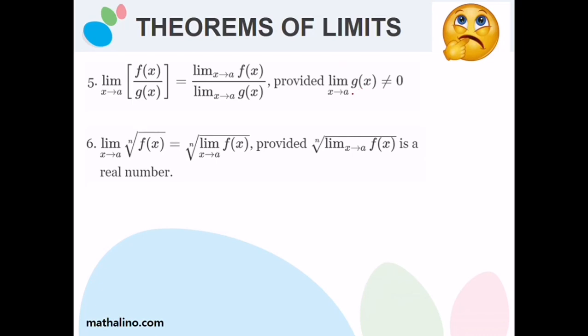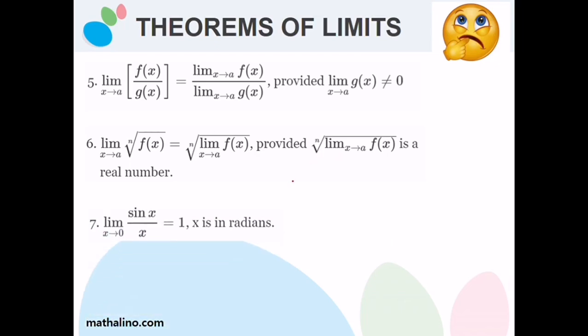The sixth theorem: the limit of the nth root of f(x), wherein x approaches a, is equal to the nth root of the limit of f(x) as x approaches a, provided that the limit of f(x) is a real number.